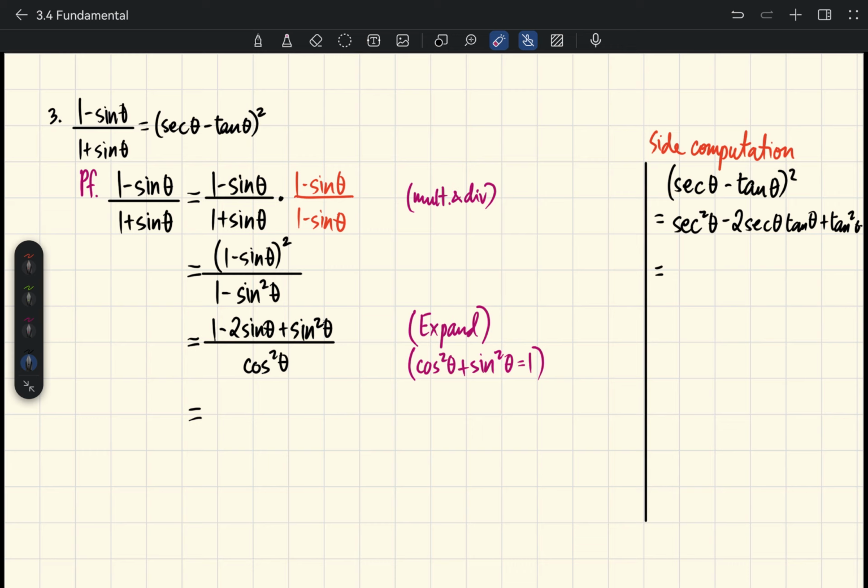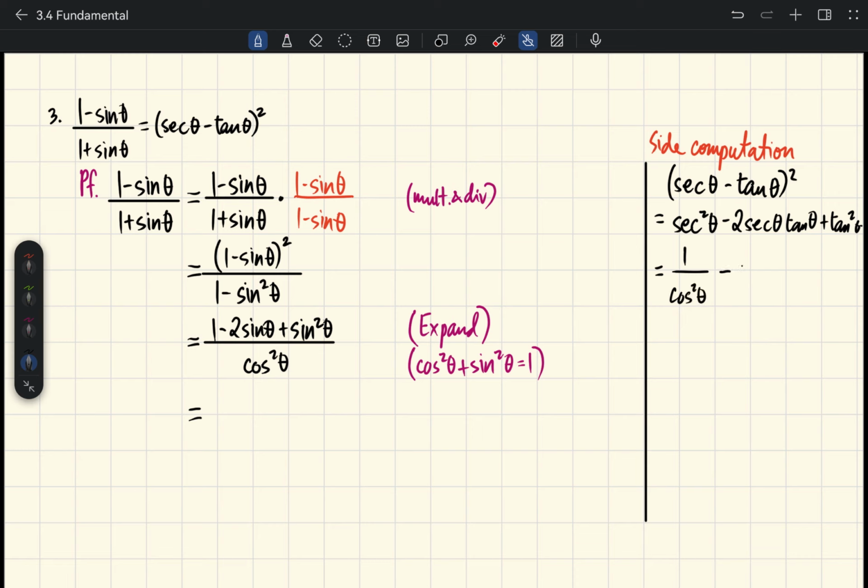So first, we have secant squared theta. Take note that secant theta is 1 over cosine theta. So secant squared theta is just 1 over cosine squared theta.